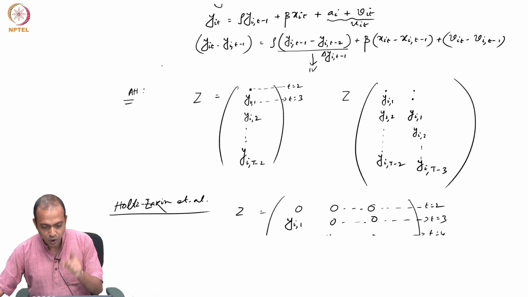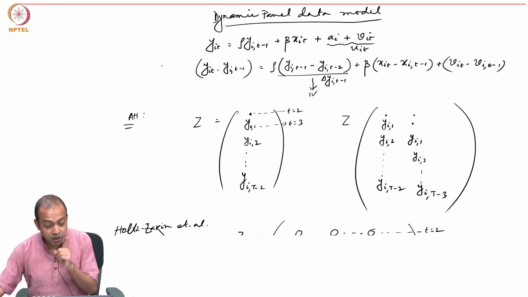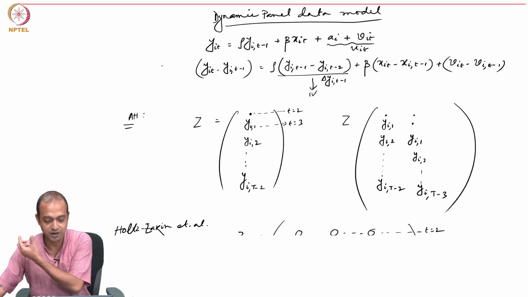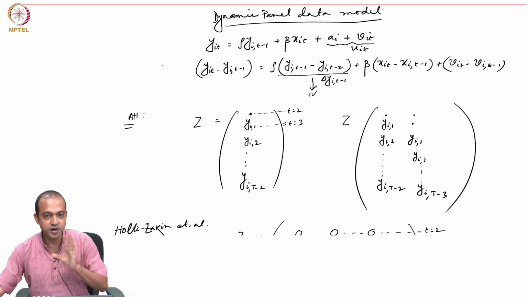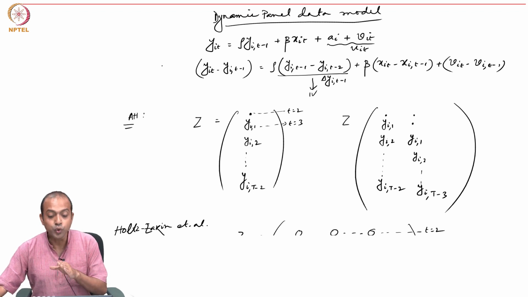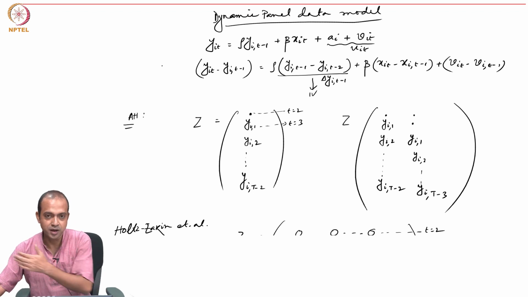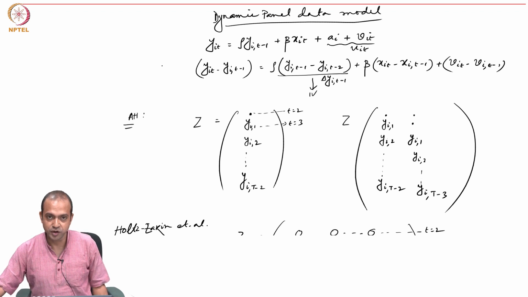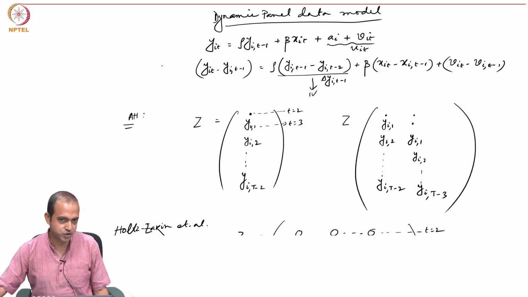So number one, there is only one variable on the left hand side which is dynamic in nature, and then the second assumption, the relationship is linear. Okay, this is a linear relationship between y_it with y_{it-1} and any additional explanatory variable that might be there in the system.